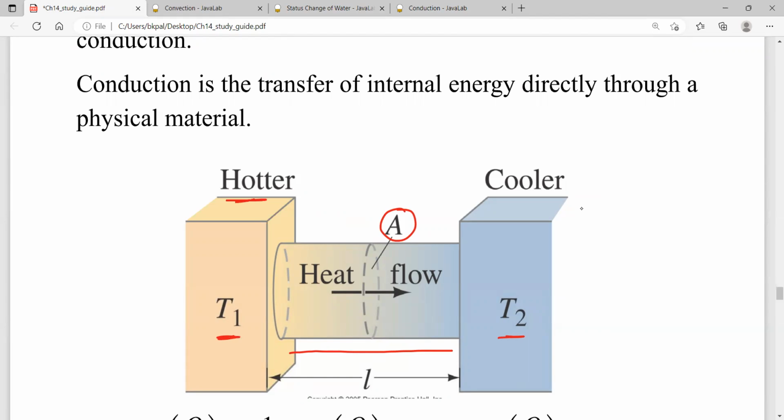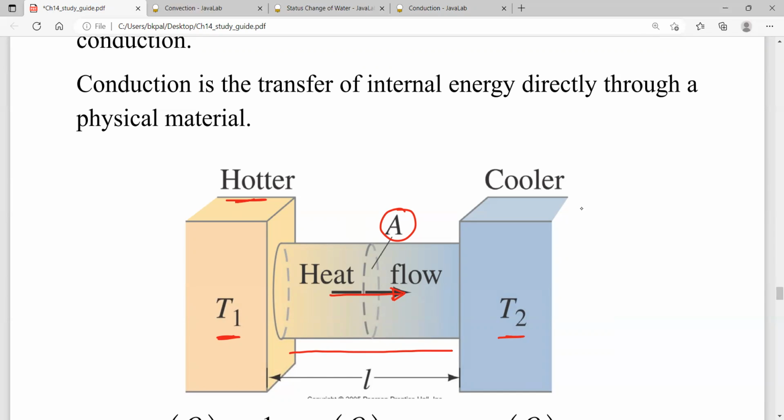As you know, heat transfers normally from the hot object to the cold object, so the heat will be flowing in this direction, from the hot side to the cold side. Let's say the thickness of this object is L.